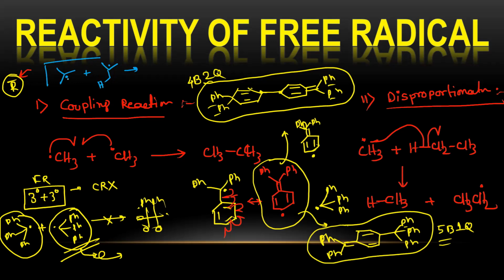This radical is going to take the hydrogen, and this bond will break in this fashion. So we will be getting one tert-butyl system with one hydrogen, plus one alkene, like this. So this will be the product. So this is basically the coupling reaction and disproportionation reaction.